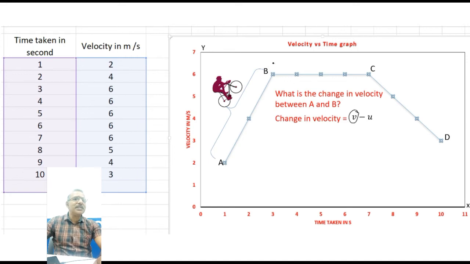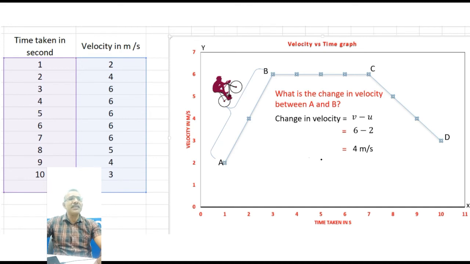We have used final velocity as v and initial velocity as u. Corresponding values you have to see here, and that becomes 6 minus 2, 6 is here and 2 is here. That becomes 4 meters per second. So please recall all those things which we have learned so far, and we'll go ahead with the next question.